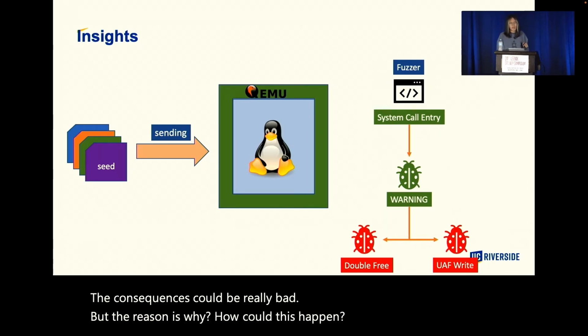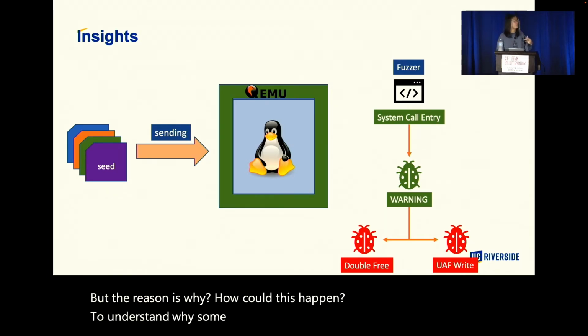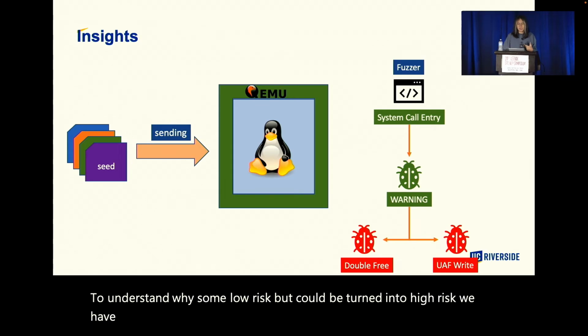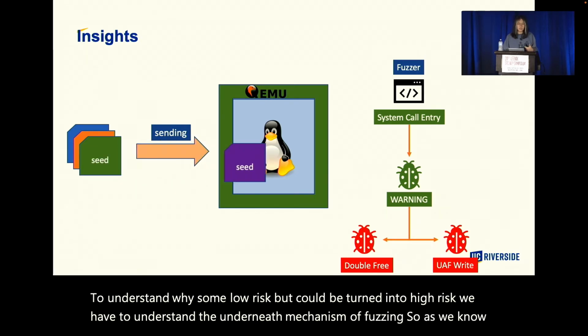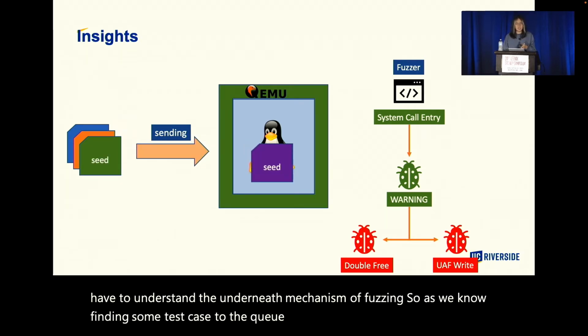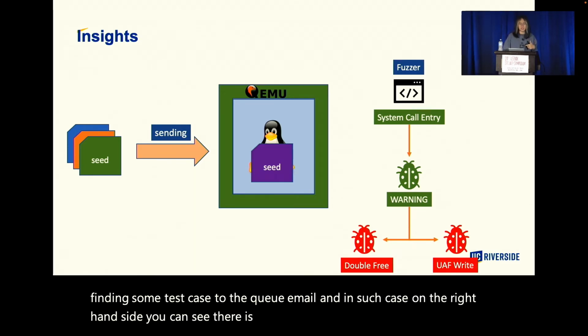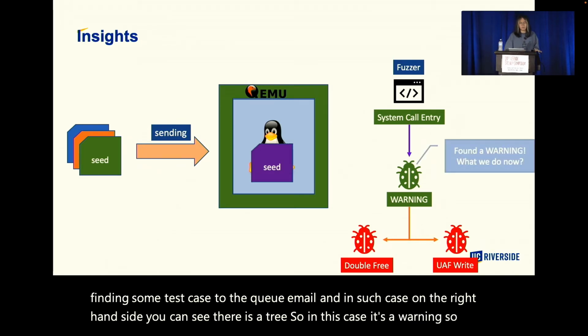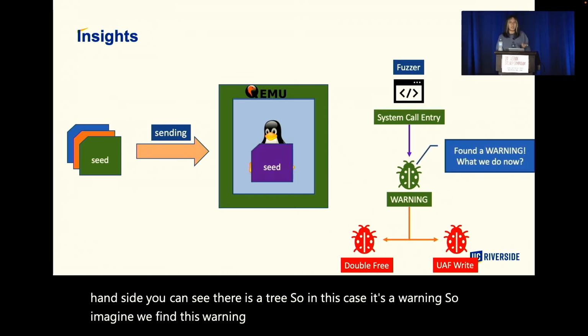To understand why some low-risk bugs could turn into high risk, we have to understand the underlying mechanism of fuzzing. As we know, fuzzing sends test cases to the QEMU. On the right-hand side, you can see there's a tree. In this case, it's a warning. Imagine we find this warning. What do we do now?